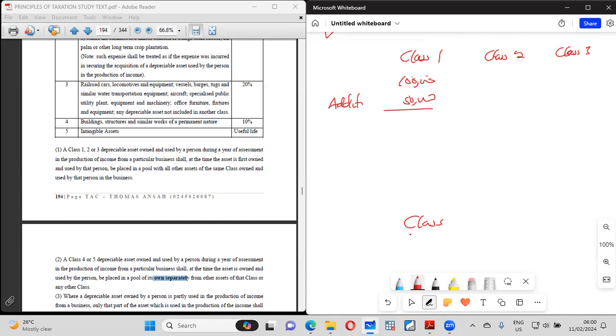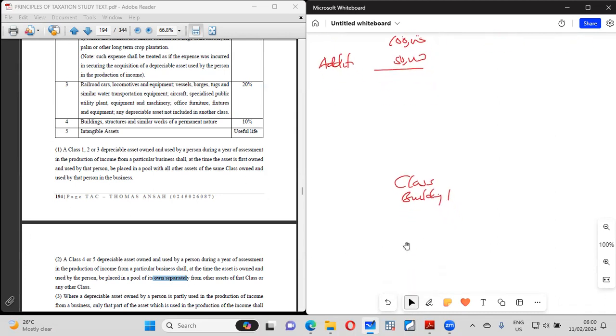But for the class 4, if I have a building 1 and I buy an additional building, I won't be adding it like this. No, I'll create another class 4 for the building 2. The same thing happens with the class 5 asset. That is why we say that they are placed in the pool of their own.